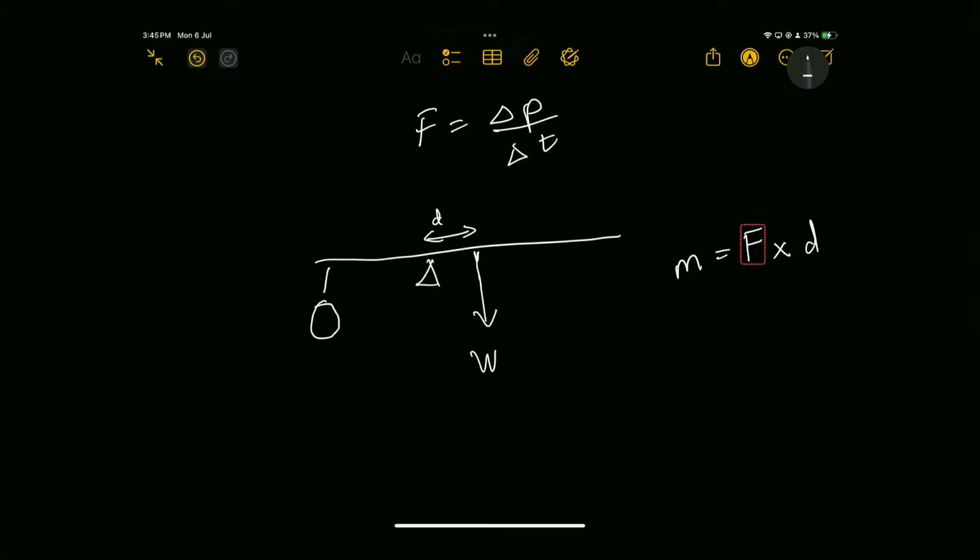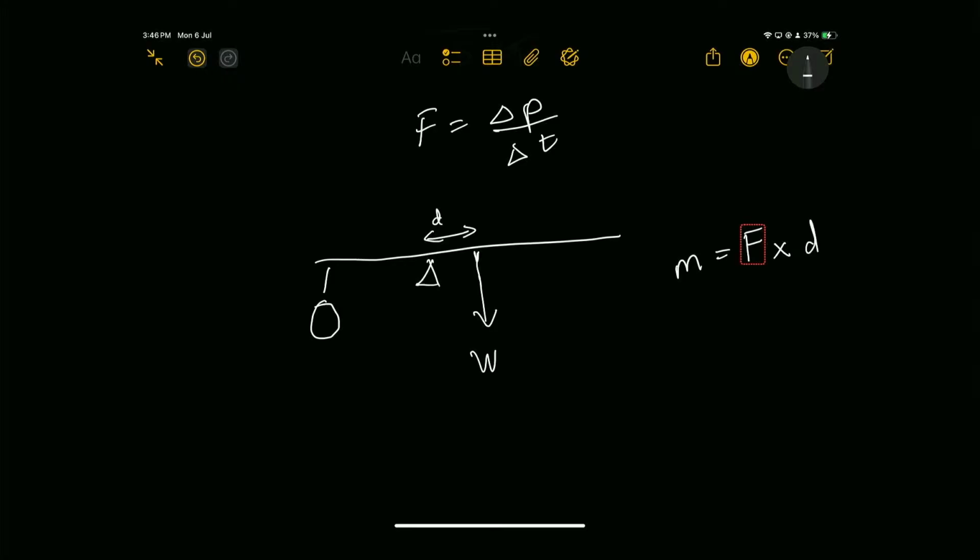In the exam you would have to give a little more explanation, but at least for here I'll accept these. So the sum of the clockwise moments is equal to the sum of the anti-clockwise moments for a body in equilibrium. You need to make sure you state for a body in equilibrium. So that is the principle of moments.